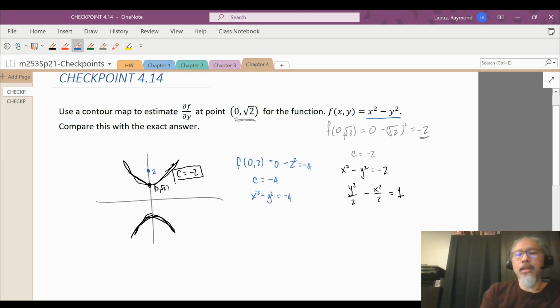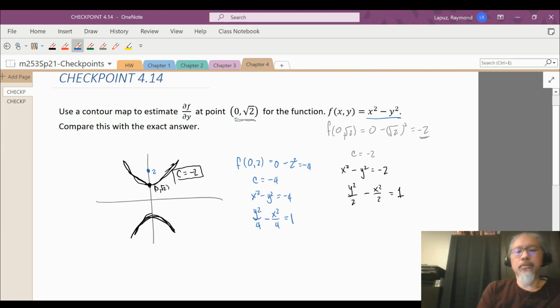Again, we'll divide so we have a 1 on the other side, so it'll be a more common looking graph for us. If you want to put 2 squared here, that would be fine also, but we'll keep it at that. We get y squared over 4 minus x squared over 4 is equal to 1.